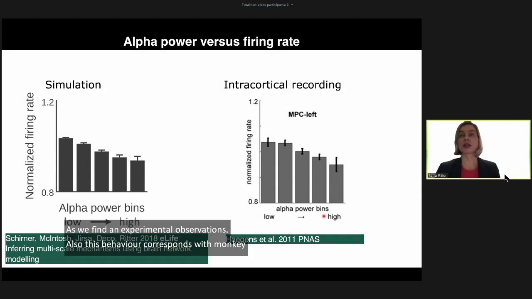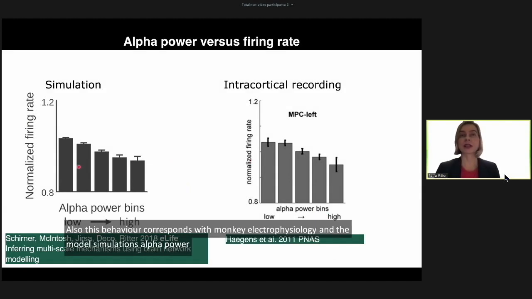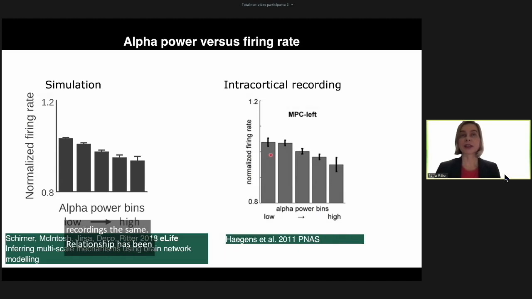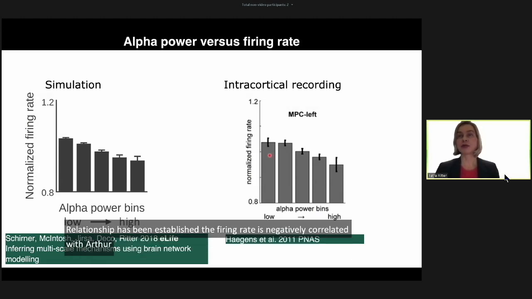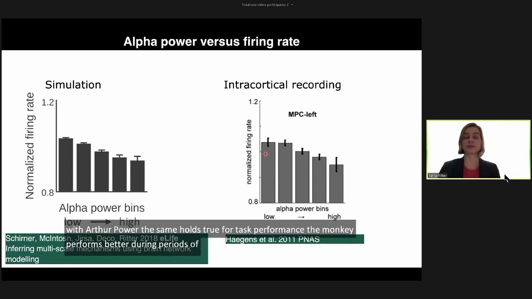In the model simulations alpha power modulates the firing rate. In monkey recordings, the same relationship has been established. The firing rate is negatively correlated with the alpha power. The same holds true for task performance. The monkey performs better during periods of lower alpha power.